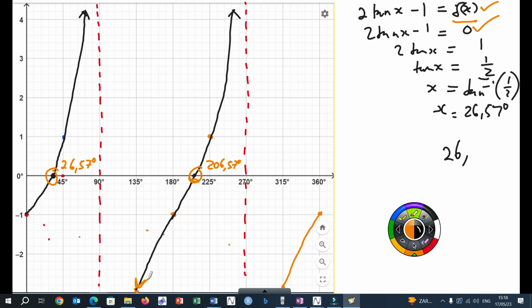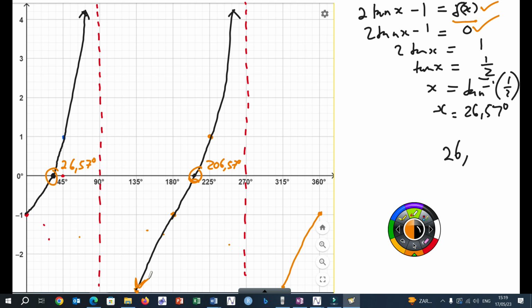Between 0 and 360, you have 2 tan curves. This is actually very cool. Are you following? Between 0 and 360, you have 2 tan curves. But one of them is a full tan curve, the others are like half and half. So if you add this one to that, you get one full one.